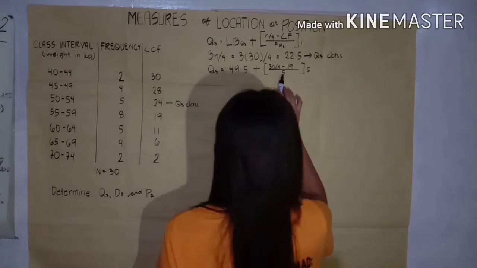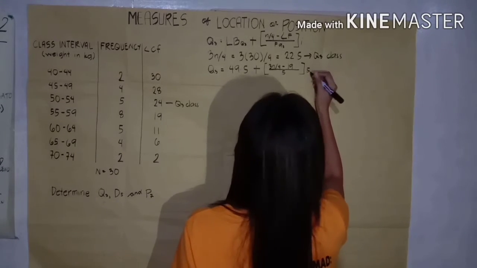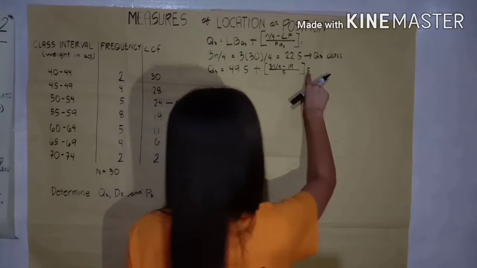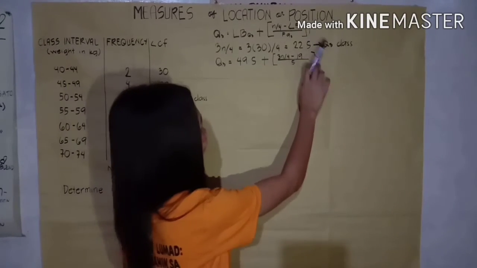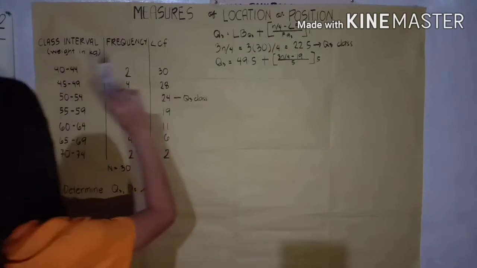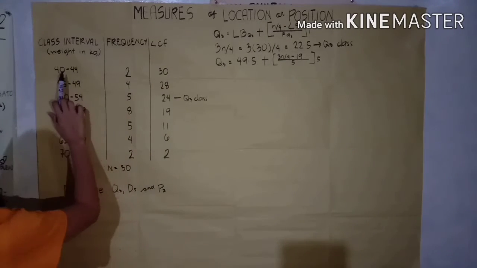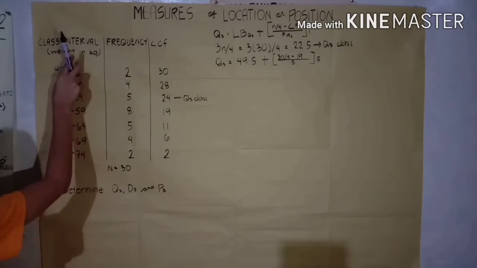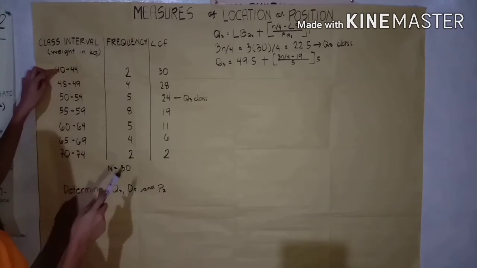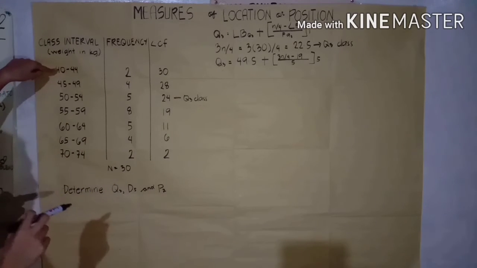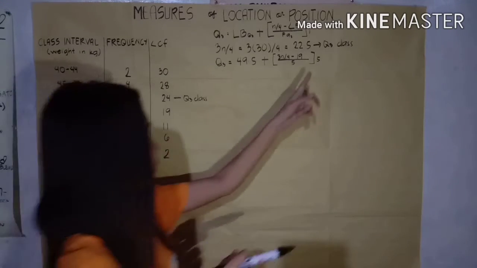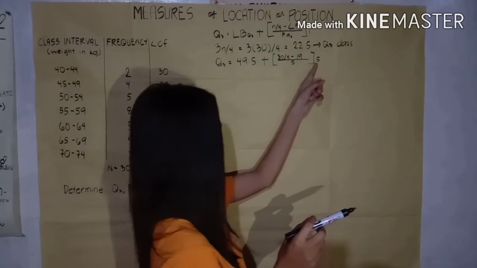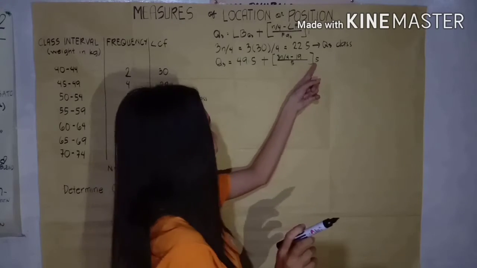Then we need to multiply it by 5. So why 5? It's because our i here serves as our width. In computing the width, we subtract the first lower boundary and the second lower boundary. So the answer is 5, so our i, or class width, is 5.